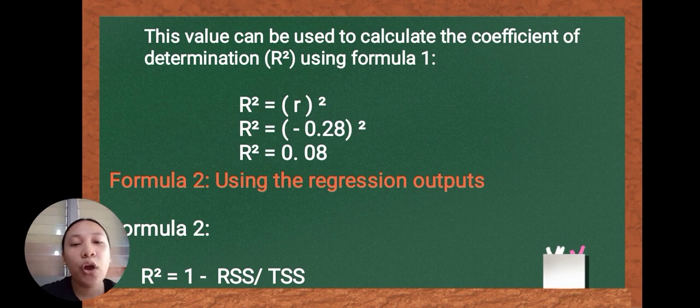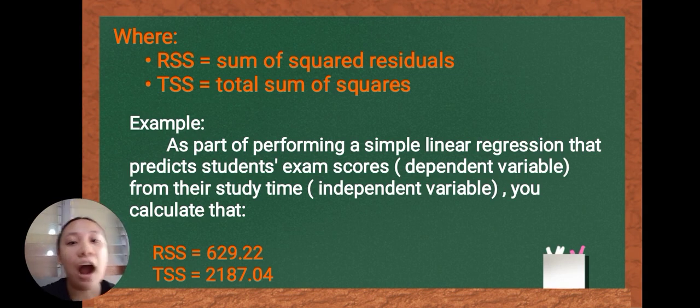Formula 2, using the regression outputs. Formula 2: R squared is equal to 1 minus RSS over TSS, where RSS is the sum of squared residuals and TSS is the total sum of squares.